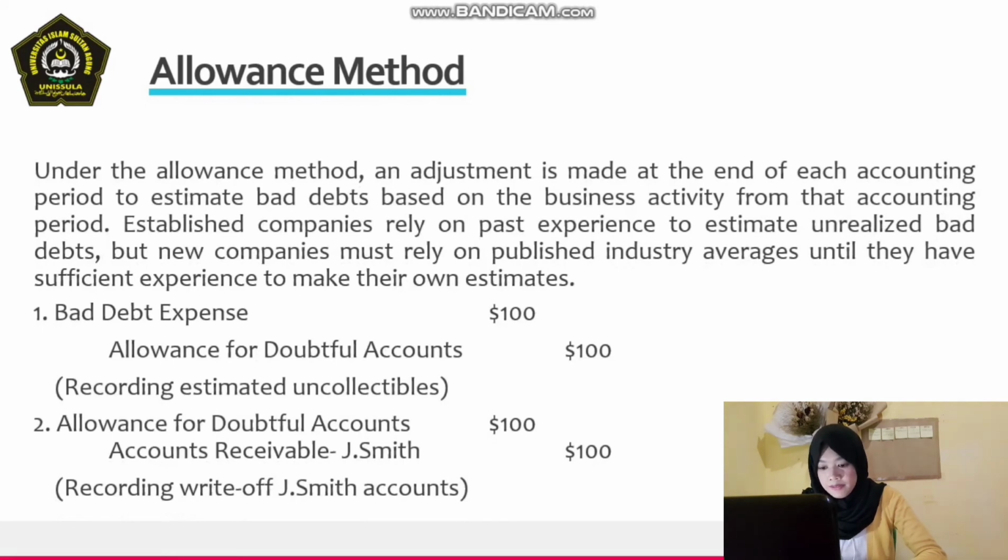This is the journal. The first journal is bad debts expense in debit and allowance for doubtful accounts in credit. This is for recording estimated uncollectibles. The second journal is allowance for doubtful account in debit and accounts receivable Jasmine in credit. This is for recording write-off Jasmine account.